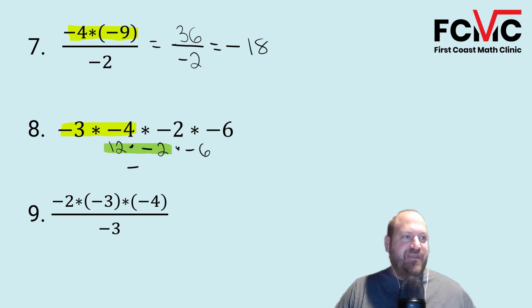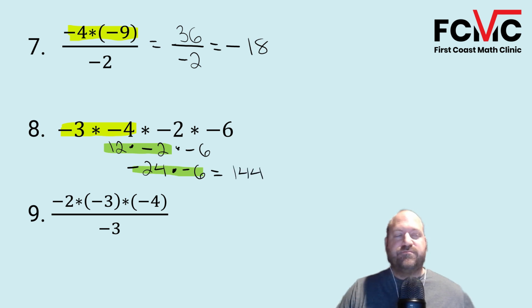So our answer is going to be negative, and 12 times 2 is 24. So now I've got negative 24 times negative 6. When I multiply negative 24 times negative 6, we're multiplying two numbers that are the same sign. So the sign of our answer should be positive, and 24 times 6 gives us 144.